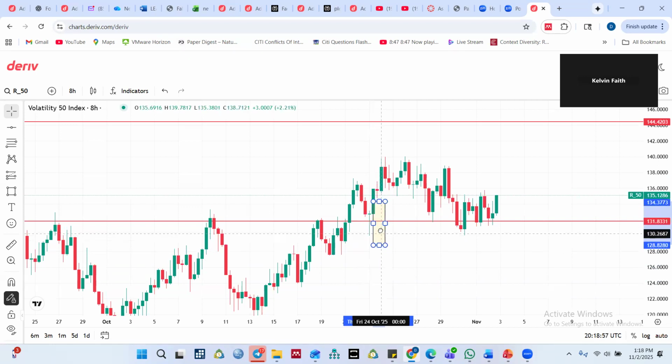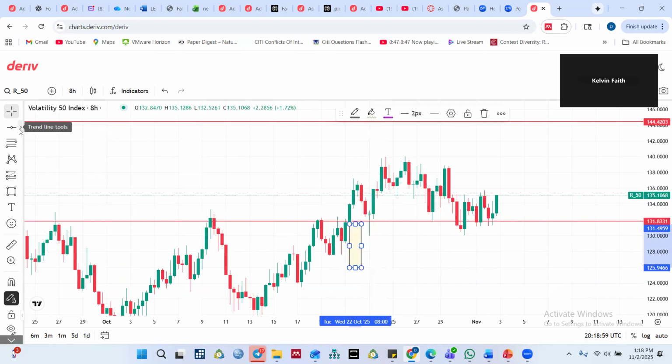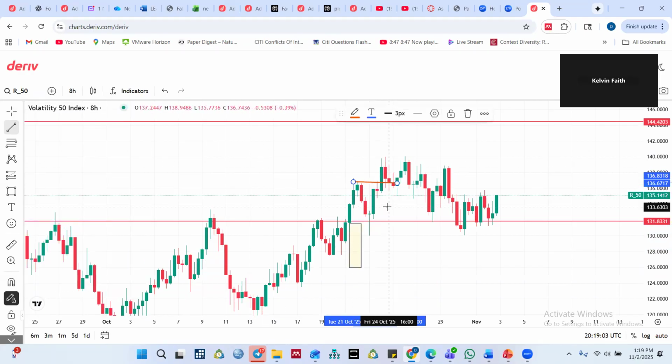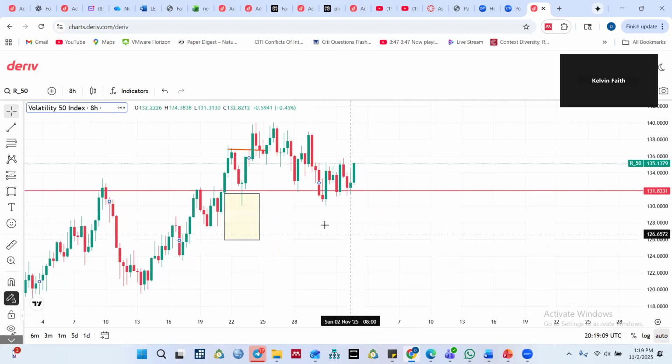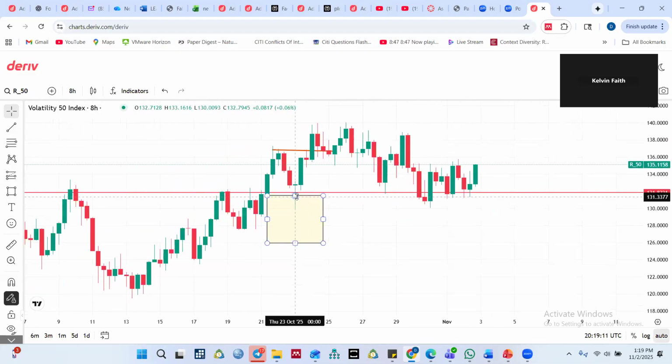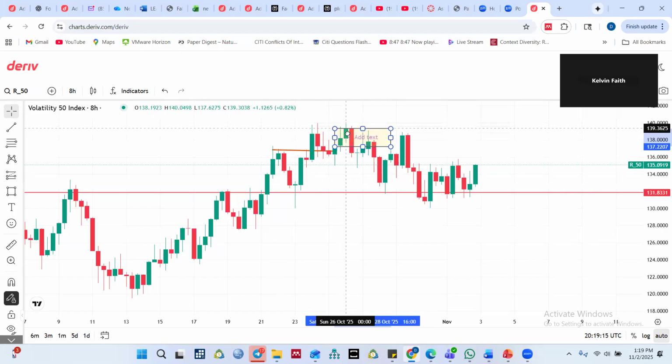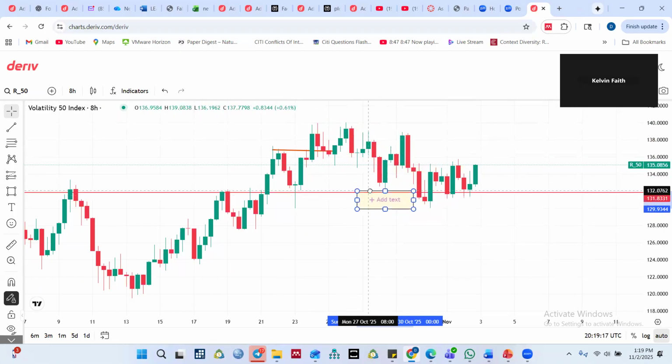Okay. Now it goes up and breaks structure, takes this previous high out. Okay. Then we get another drop, drop down again. Price drops down.